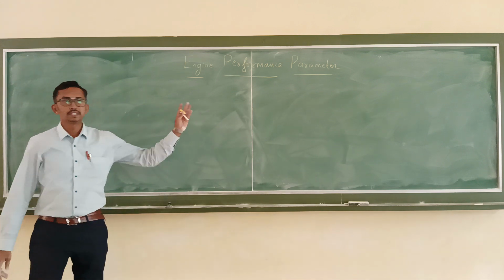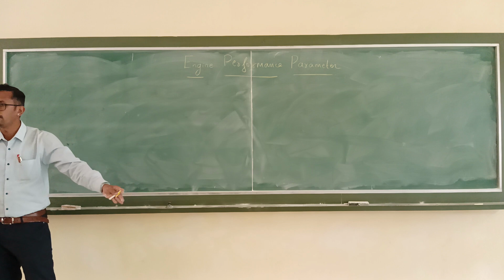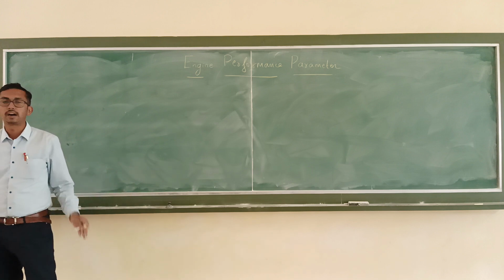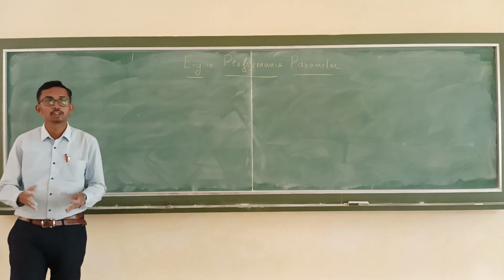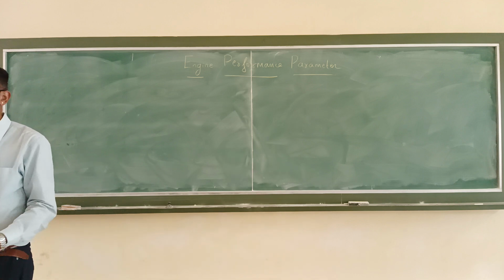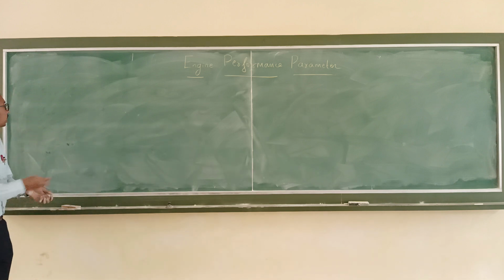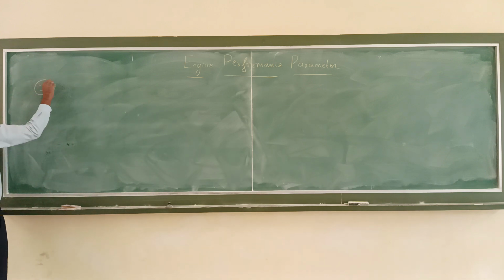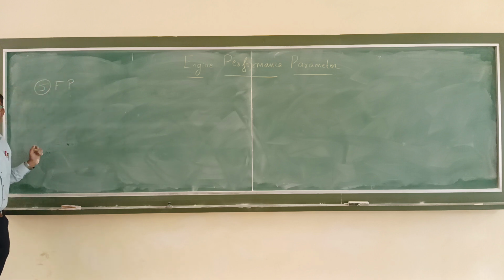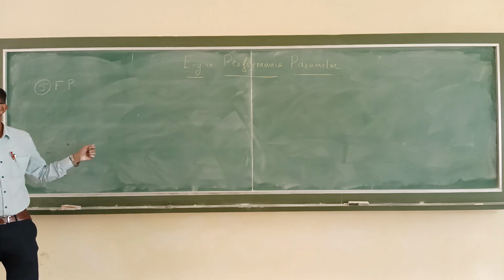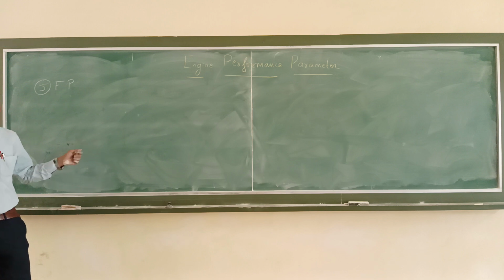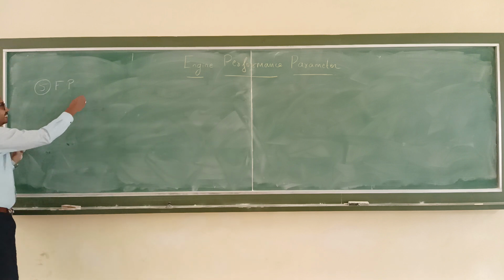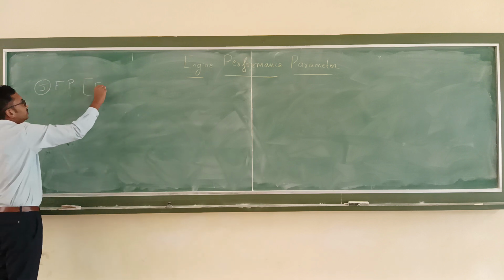Okay, so we discussed the first set of formulas. So now another set of formulas. We have another 5 formulas that I need to discuss. So the fifth formula is FP. What is FP?